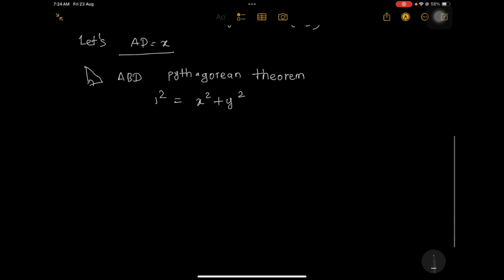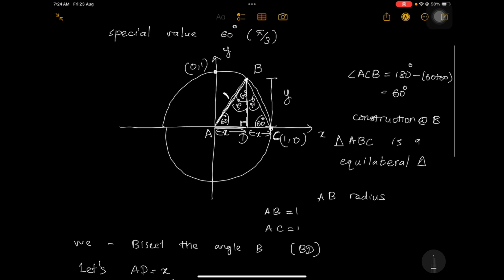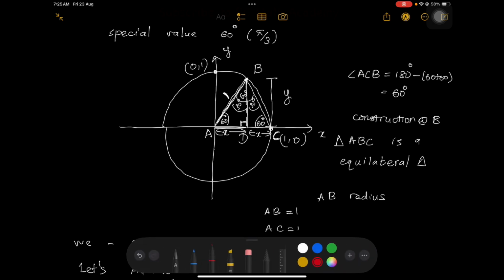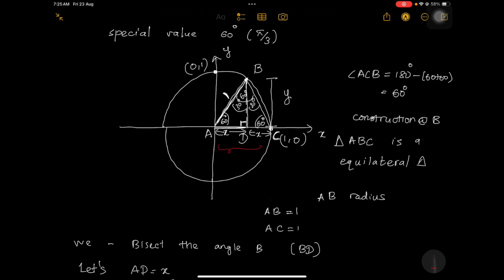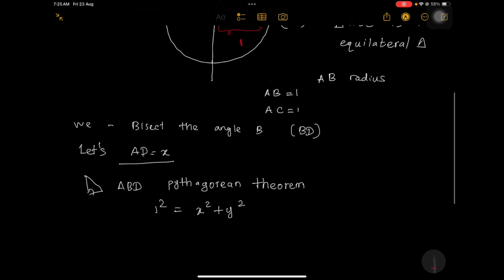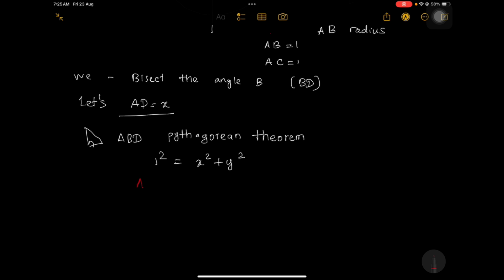But we know this AC is 1, because all are the radius of the circle. So AC, AB, everything is 1.